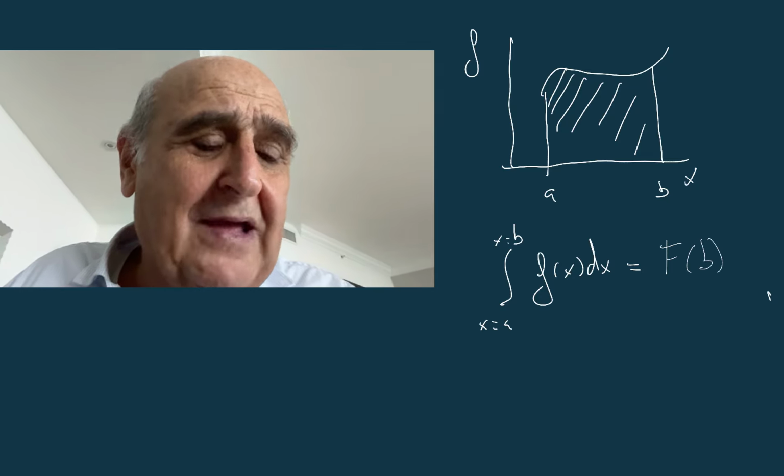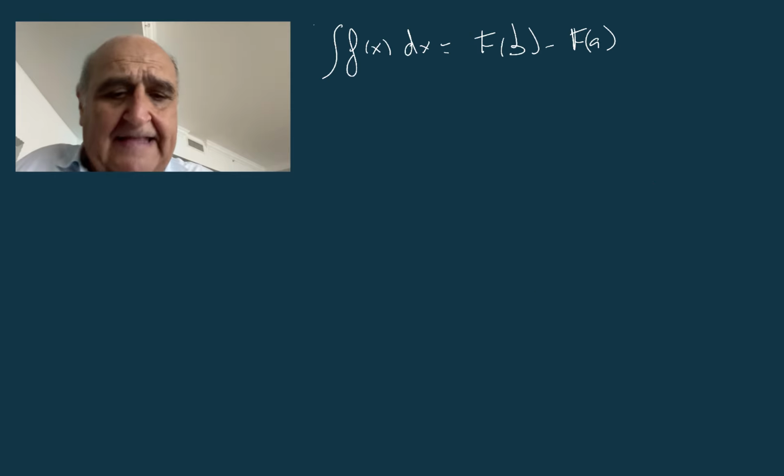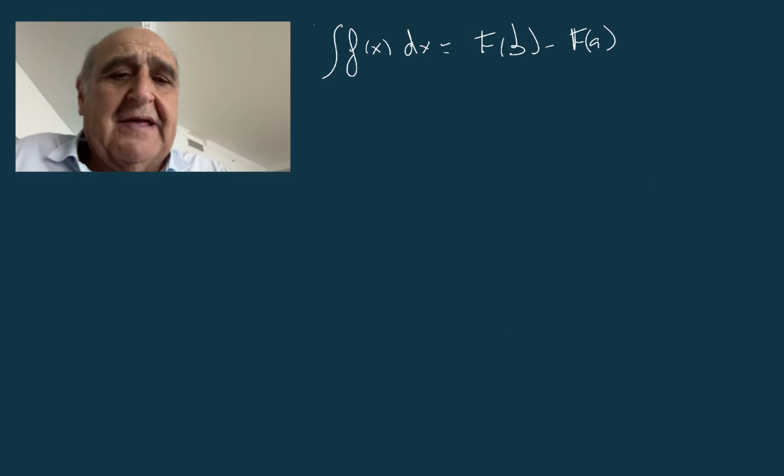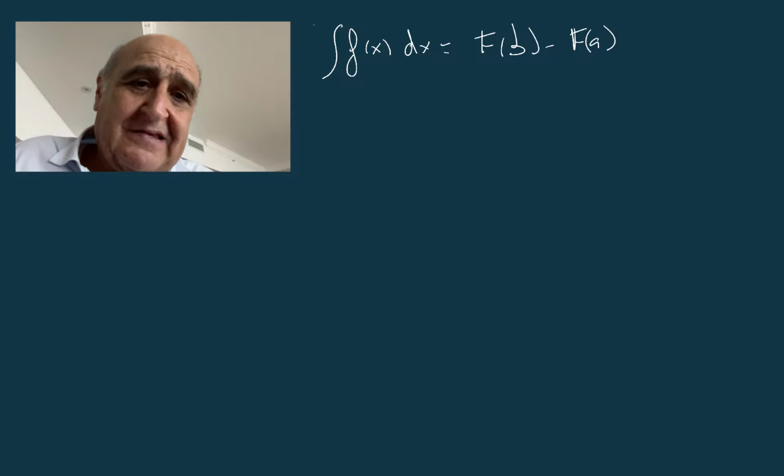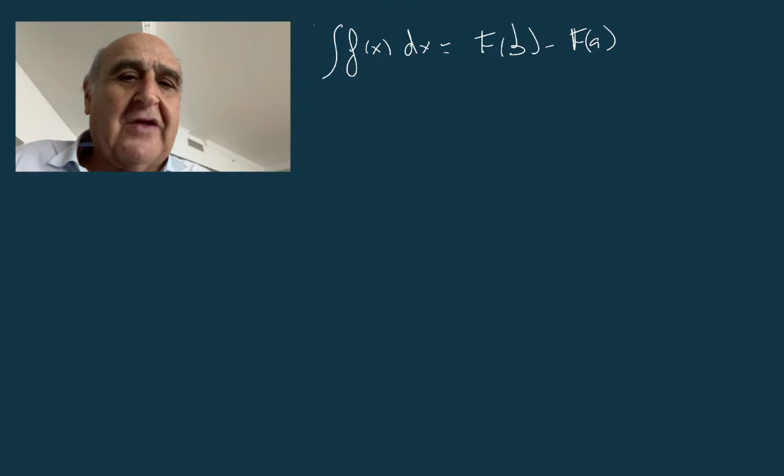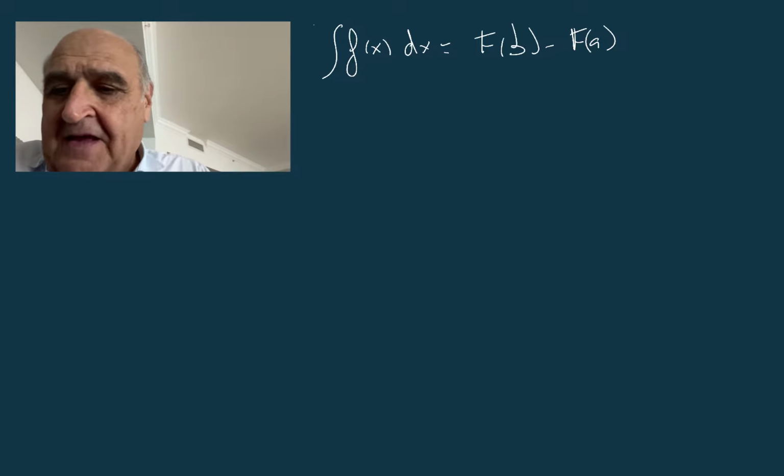So F of b minus F of a. Then the information of the area is codified at the endpoints by the antiderivative of f.